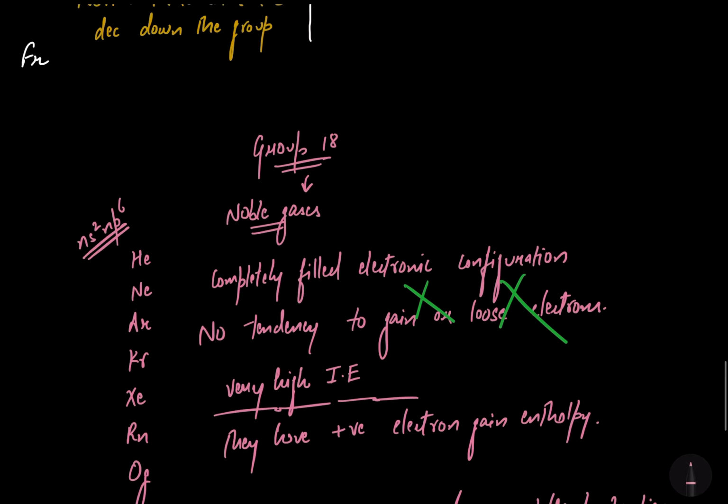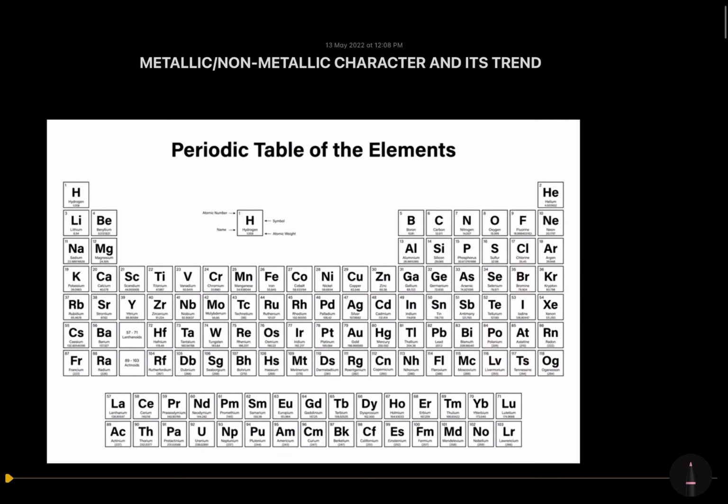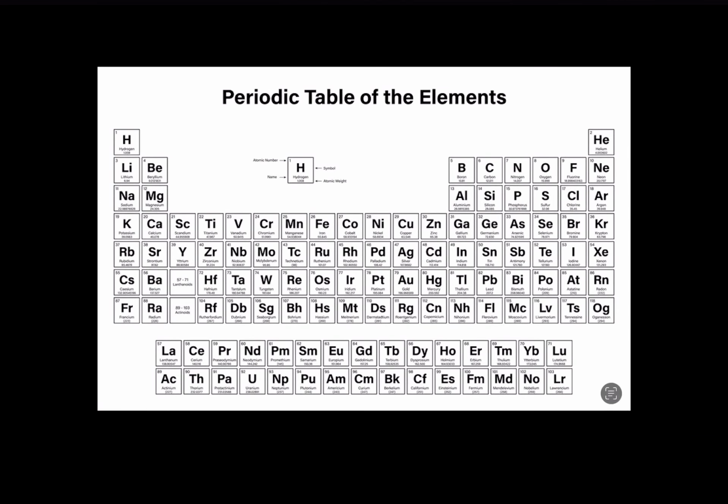So now let's discuss this trend in the periodic table. So I have taken this periodic table.